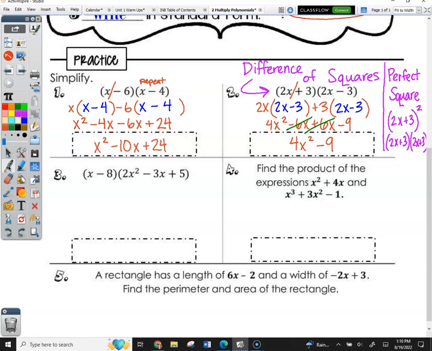Number 3. What is different here? That's a trinomial. Did you learn the FOIL method last year? No? Okay, perfect. Anyways, you're still going to do my method.